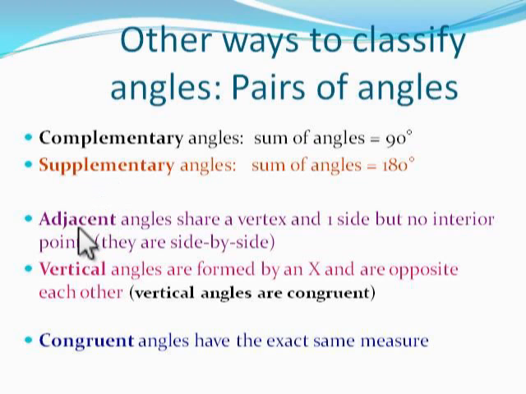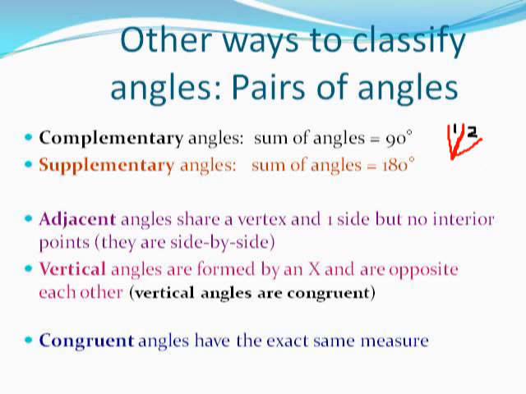Angles that are adjacent share a side. That's all they share, the side and the vertex, but no inside. So for example, if we had an angle here and then we had an angle there, we have two angles and they are adjacent. We have angle 1 and angle 2. They're right next to each other.